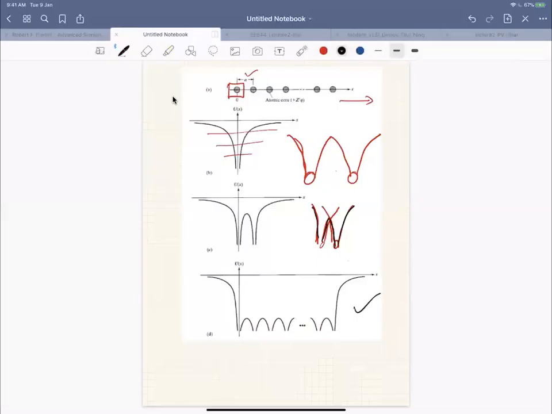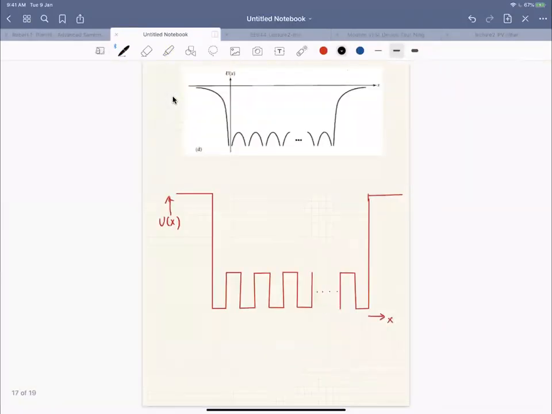So a lot of assumptions are taken, and I think the first one is the Kronig-Penney model. We will not go into detail on the Kronig-Penney model.